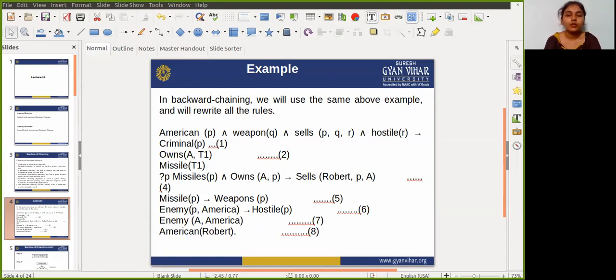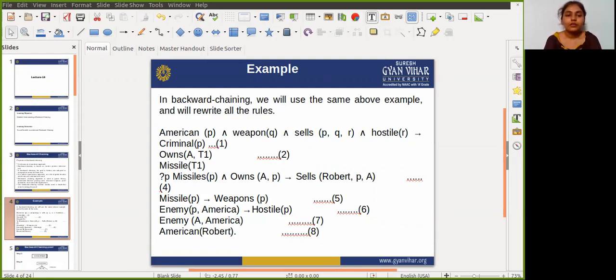So who is Robert, and who is an American citizen? We needed to prove that Robert is a criminal in forward chaining, right? But in backward chaining, this is the same example, but here it is already given that Robert is a criminal, and we need to prove that Robert is a citizen of America who sold all the weapons to the hostile nation.